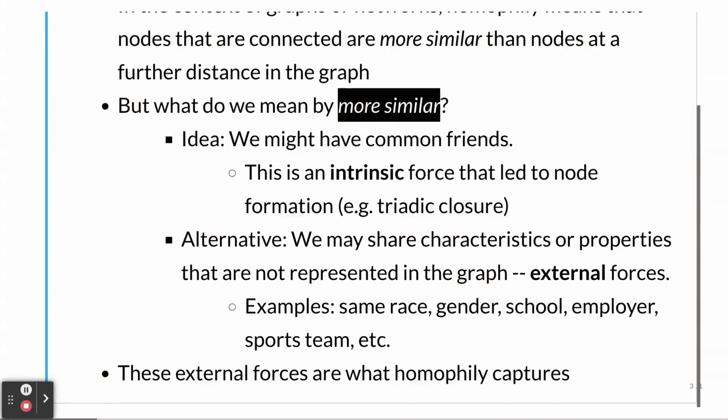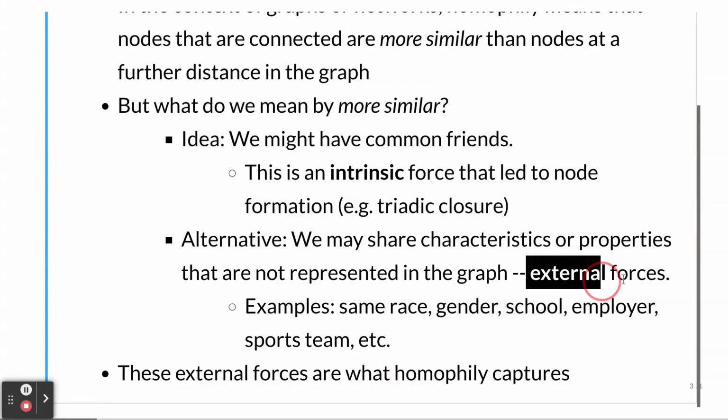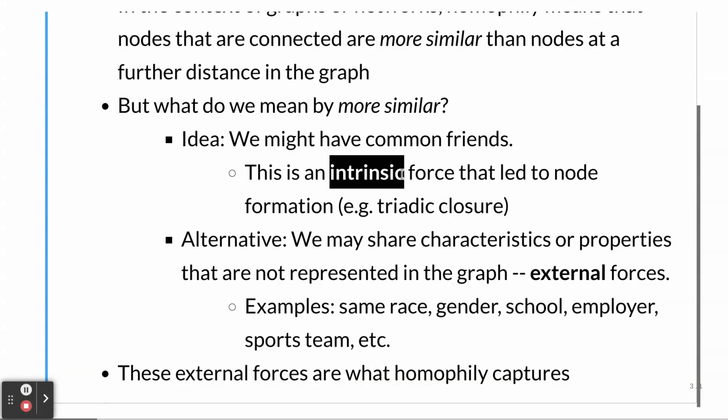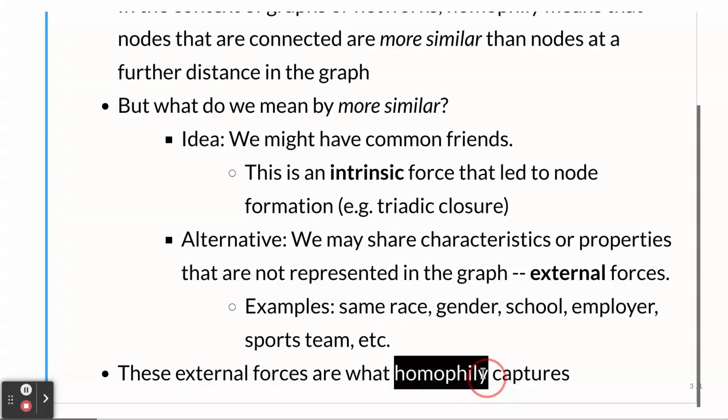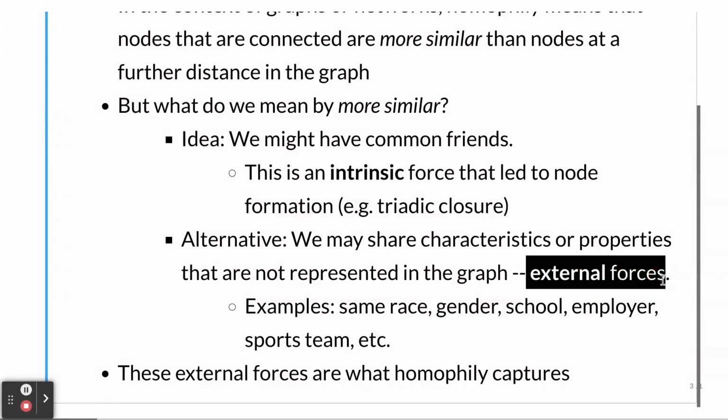But when we think about the graph within its domain or within its context, there's likely a lot of external or extrinsic characteristics that could inform our analysis about which edges are likely to form or which edges may be stronger or weaker than others. Triadic closure is the key tool for helping us do this intrinsic analysis, and homophily, the concept as well as the definition, is what captures these external factors or forces.